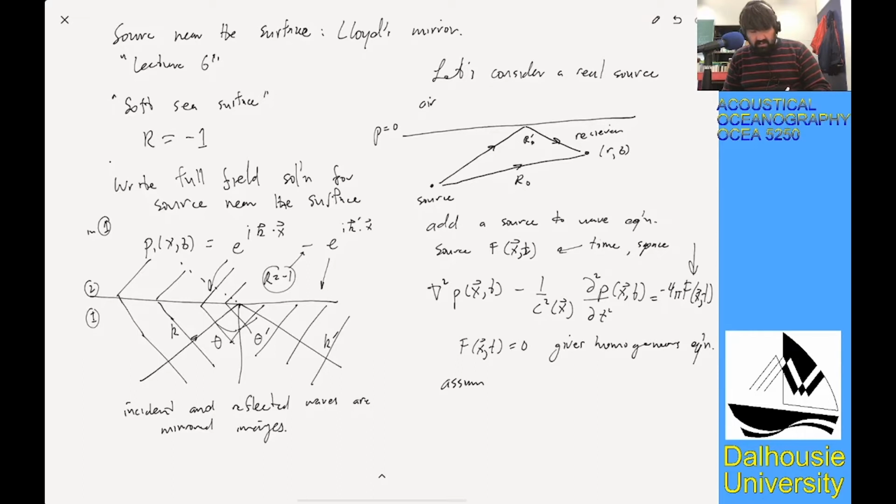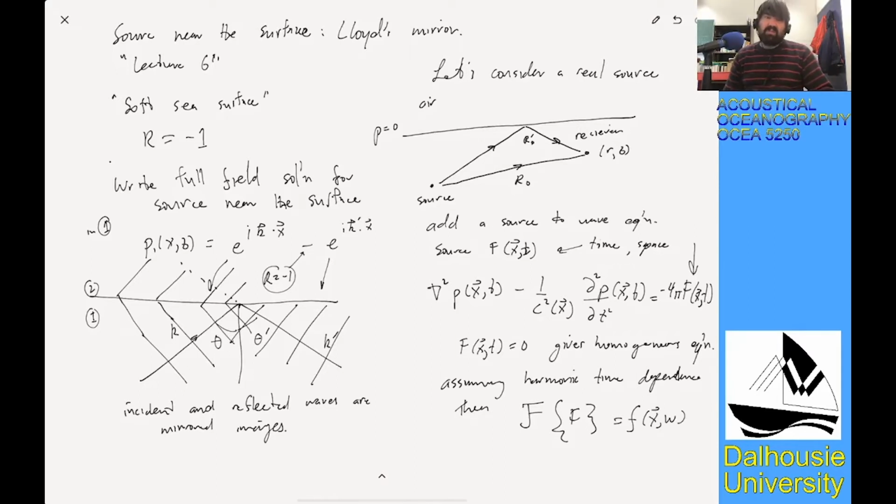So assuming harmonic time dependence, then big scripted F, which of course is the Fourier transform of our source, is going to be equal to f of x, omega. And of course we know this is a very safe assumption because of Fourier series and the fact that we can decompose any function into a series of harmonic functions. So we're good.